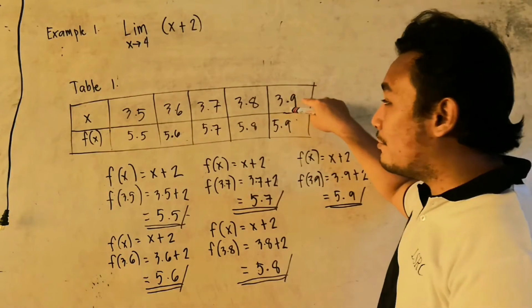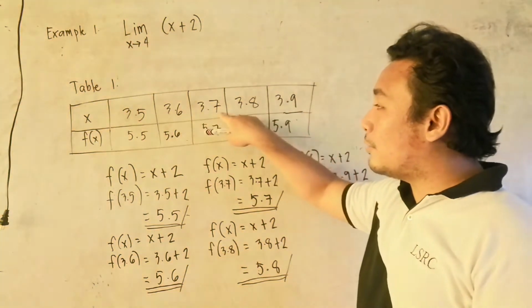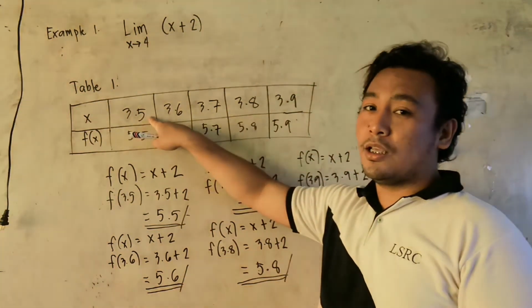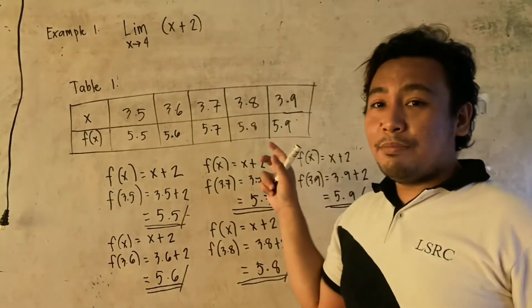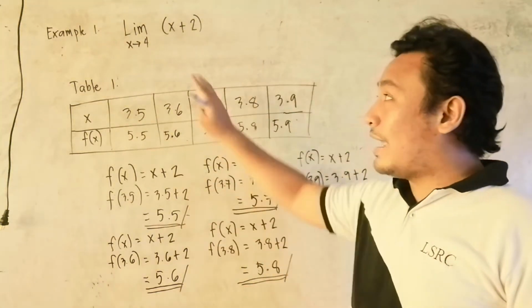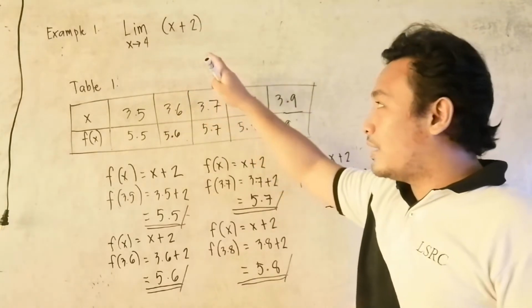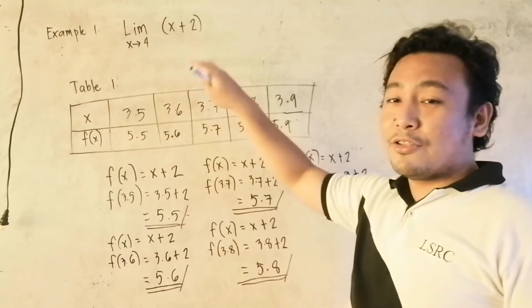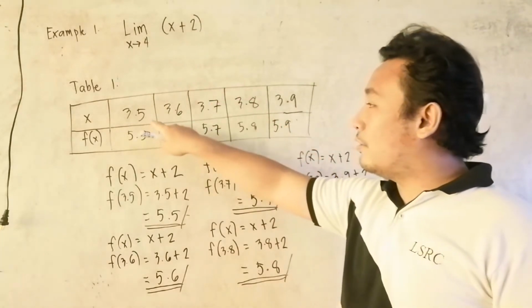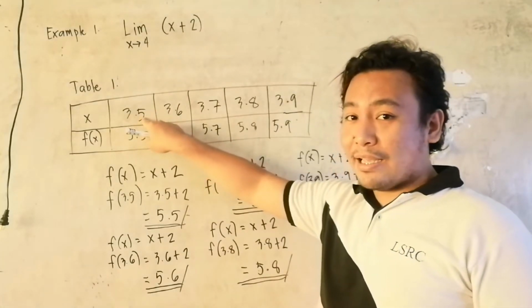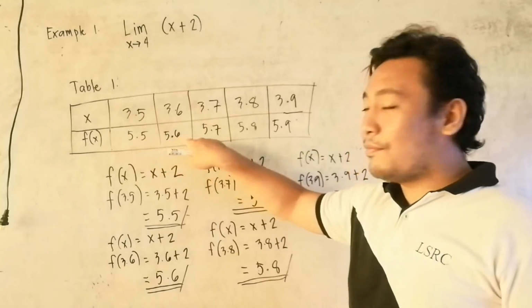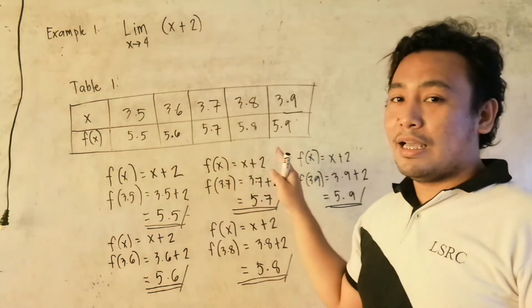And then, papunta sa left, we have 3.9, 3.8, 3.7, 3.6, and 3.5. After natin i-identify yung values ng x, we will be using this to substitute the value of x dun sa given function. And pag na-solve na natin yung function using the given value of x, yun na yung ilalagay natin dito sa value of f of x.